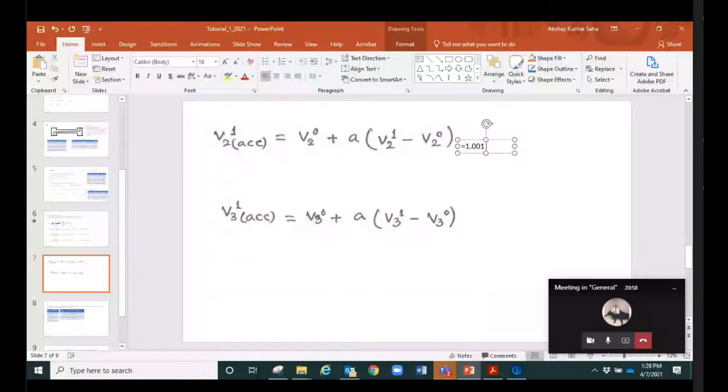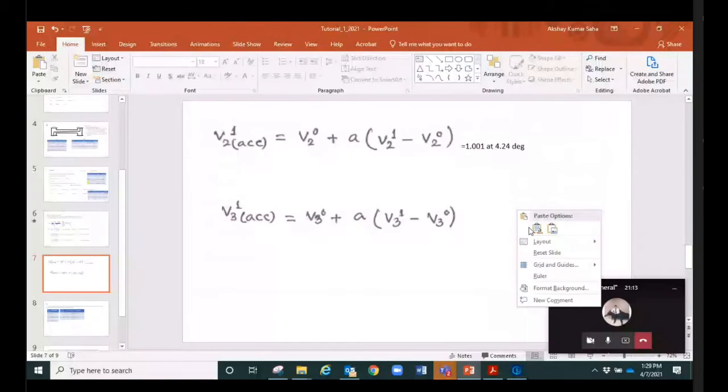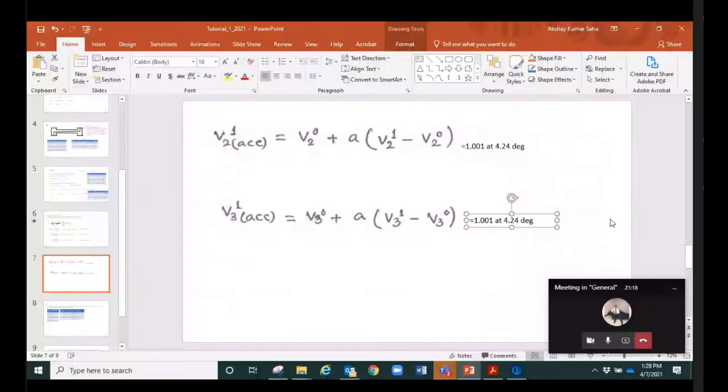And then if we go to the V31 accelerated, it will be 1.033 at an angle minus 7.73. So these are the two answers for this one.